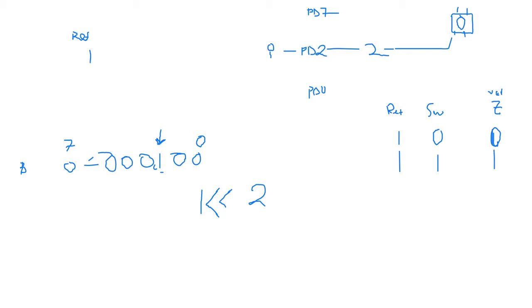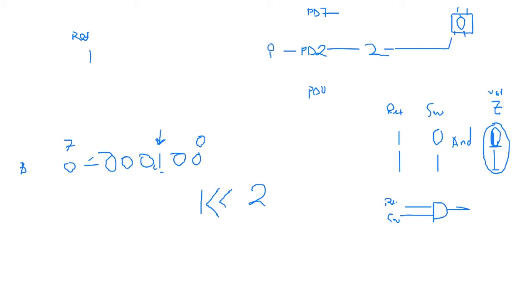Now we notice that one way of getting this particular output from this particular input is an AND gate. So we have the reference and the switch, and we say 1, 0, nope, both of them are not 1, so the output is 0. 1, 1, both of them are 1, so the output is 1.